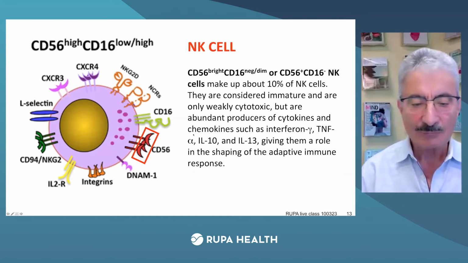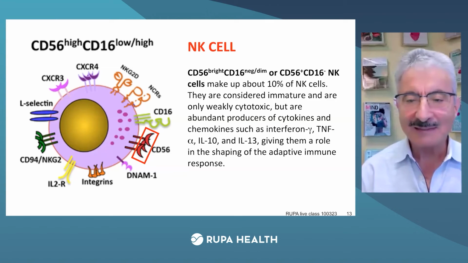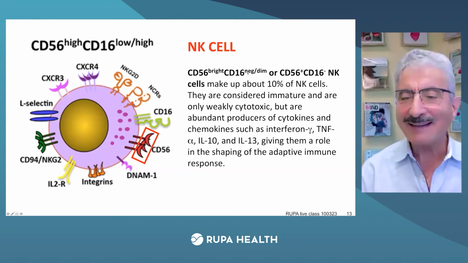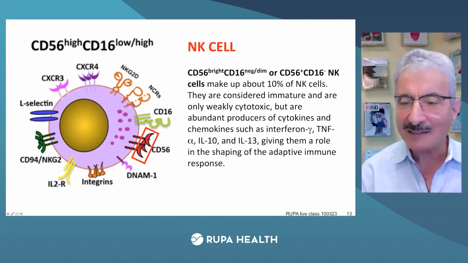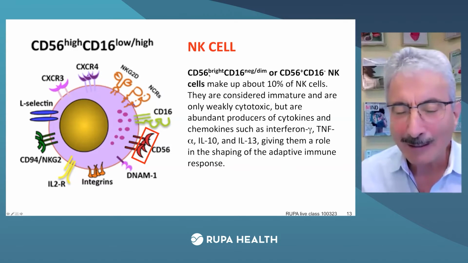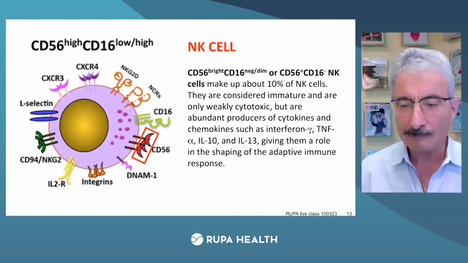Six, which is what we call the NK cell Cyrex report. CD56 bright, we call that CD56 positive, and CD16 negative or dim, meaning the monoclonal antibody is not staining CD16, but staining very strongly for CD56 cluster of differentiation.